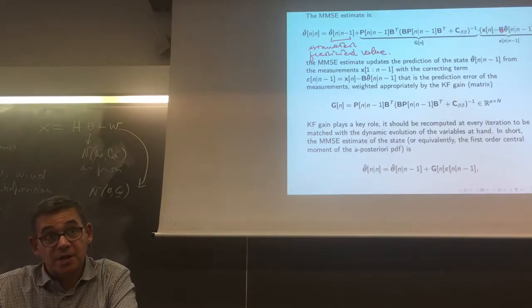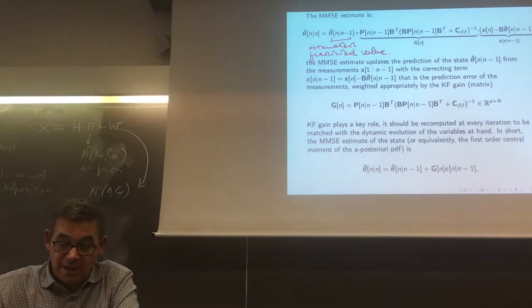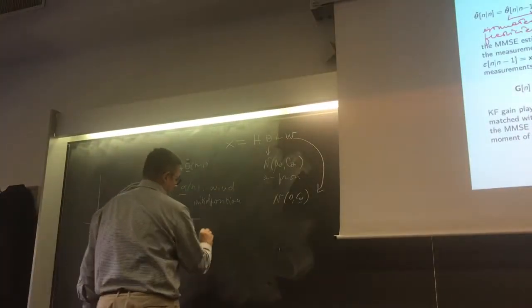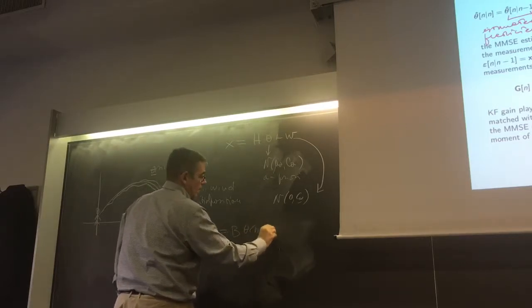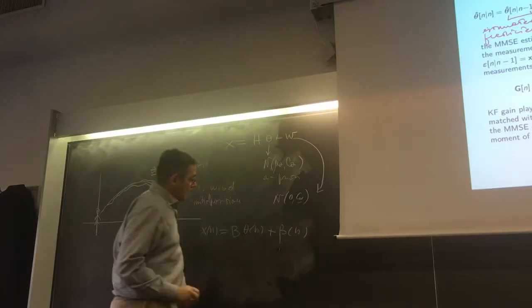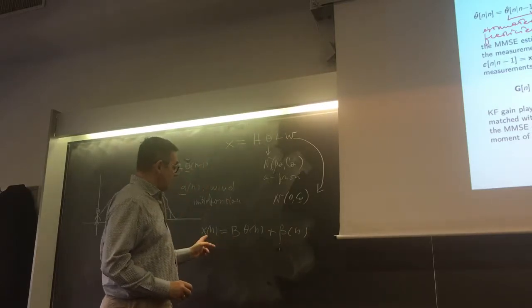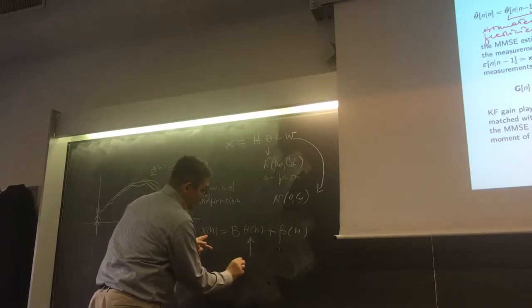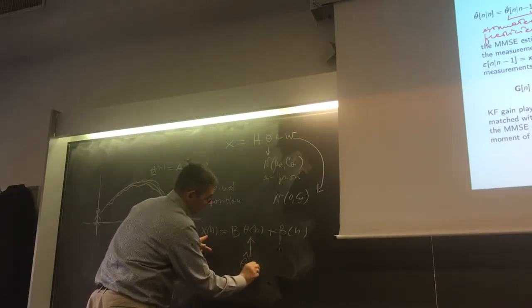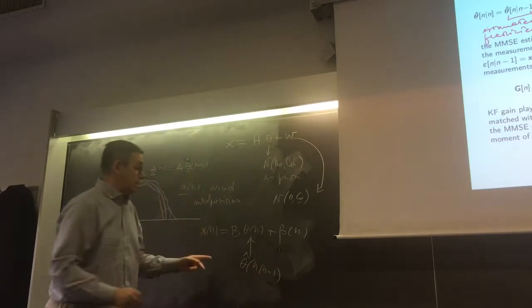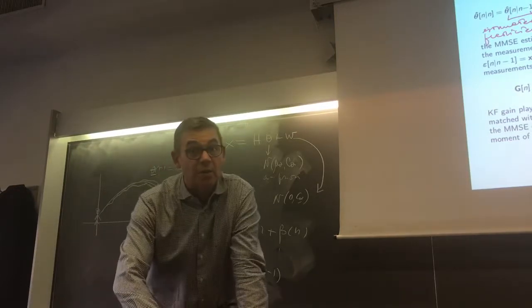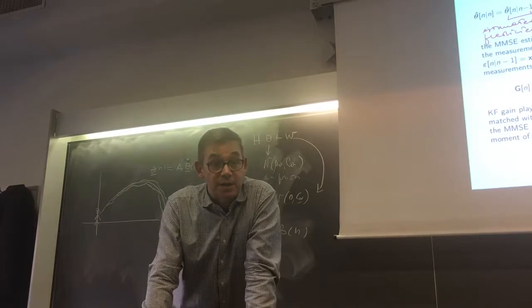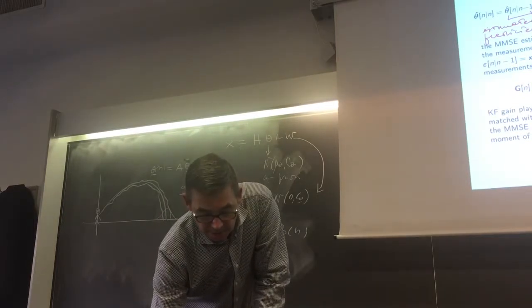So b is the relationship. I make the difference between this and that. In place of this value, I plug in theta hat n minus 1, which is the predicted value. So that one is the prediction error at iteration n using the data up to n minus 1. That is a prediction error.